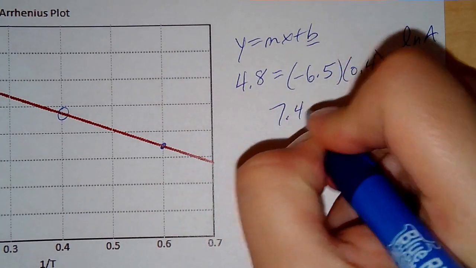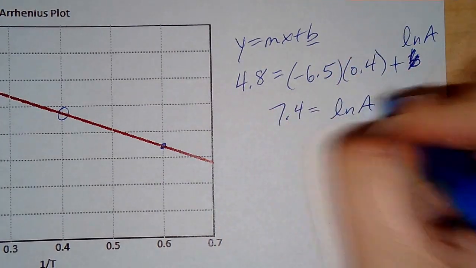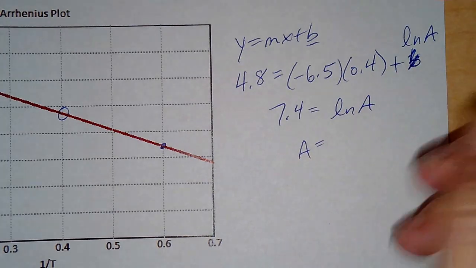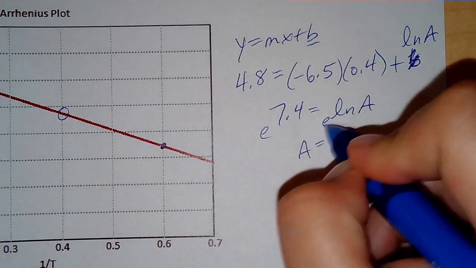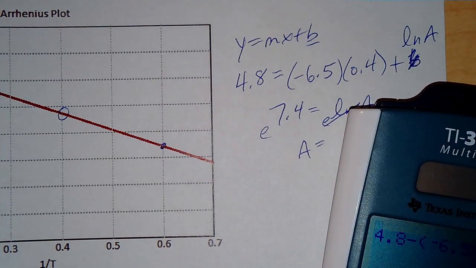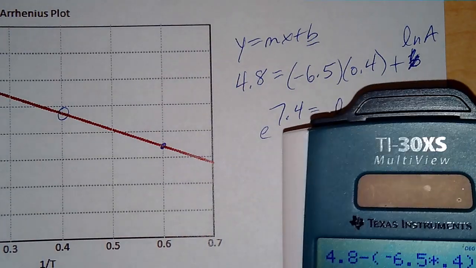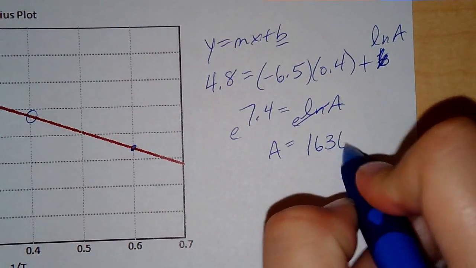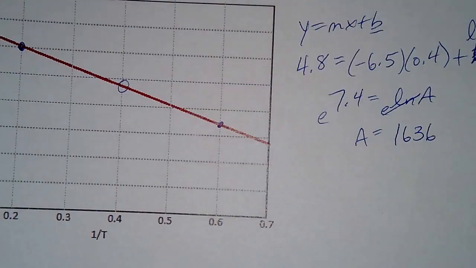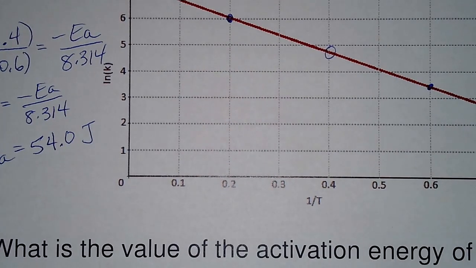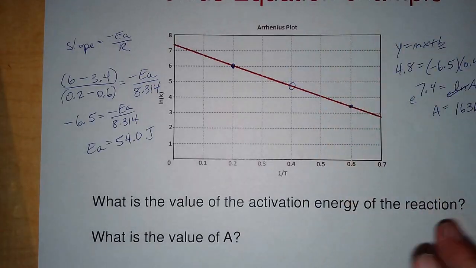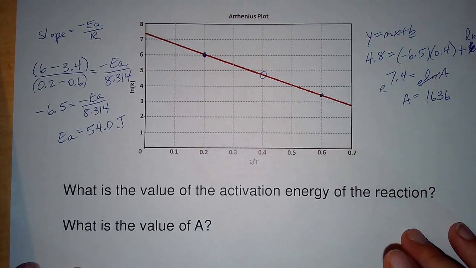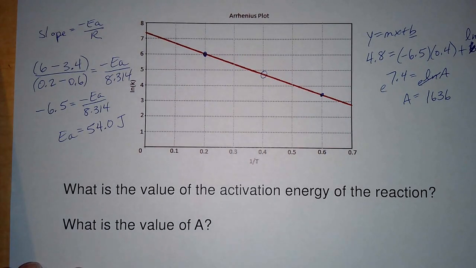So remember, we want to do e to both sides. So 1636. Alright, so no problem. Use the slope to find the activation energy. Then we can find the y-intercept to get the value of a.